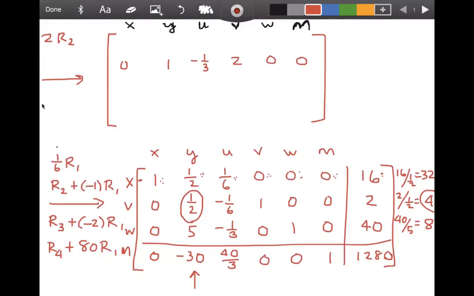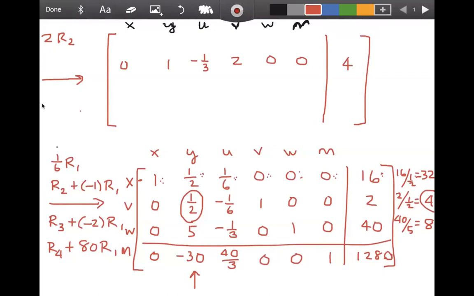Whoops. I thought this matrix looked a little too small. Forgot to leave a space for the right-hand column. Okay, and then 2 times 2 is 4.